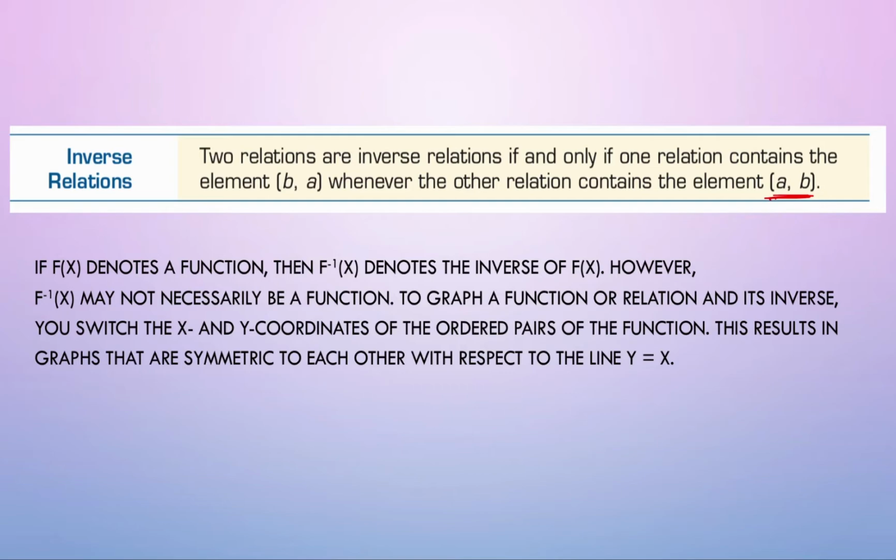The notation for the inverse of f of x would be f inverse, f to the little -1 power. However, f inverse may not necessarily be a function. To graph a function or relation and its inverse, you switch the x and y coordinates of all the ordered pairs of the function. And this is going to result in graphs that are symmetric to each other with respect to the line y equals x.